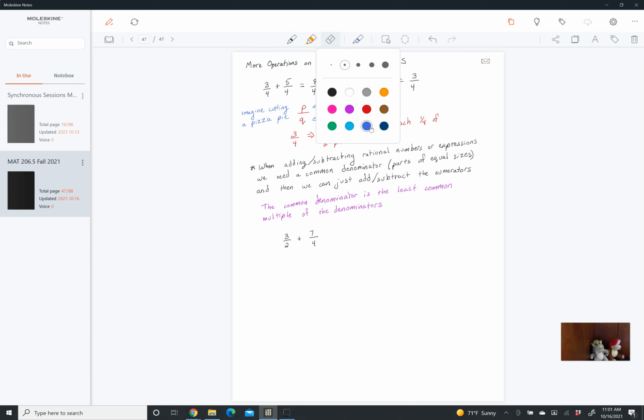That means that we could take this first fraction and we can multiply by 2 over 2. Okay, we're choosing the number 2 because 2 times 2 is 4. Notice that if we're multiplying the denominator by 2 in order to get the 4, we also have to multiply the numerator by 2, right? Because we can't change the value of the expression, so we need to multiply by 1.